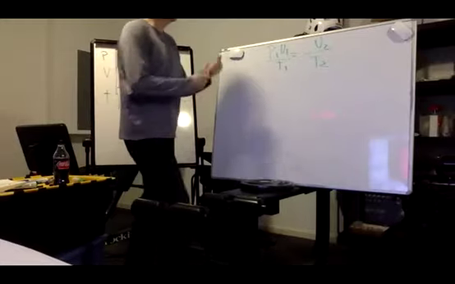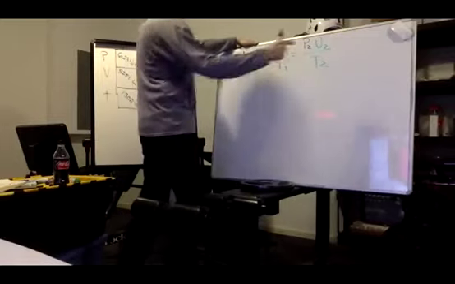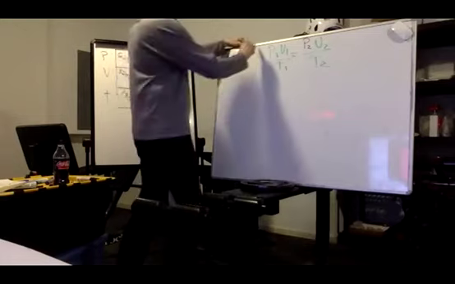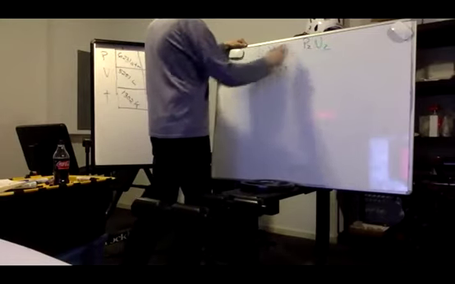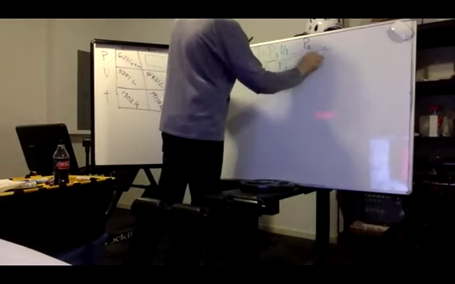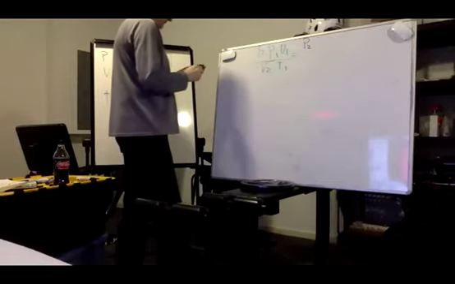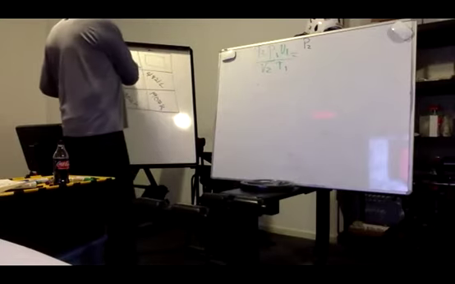In this case, I need P2 by itself, T2 downstairs, T2 goes upstairs, V2 upstairs, V2 goes downstairs. 3 on top, 2 on the bottom. There's our functional equation. Here's our number board.